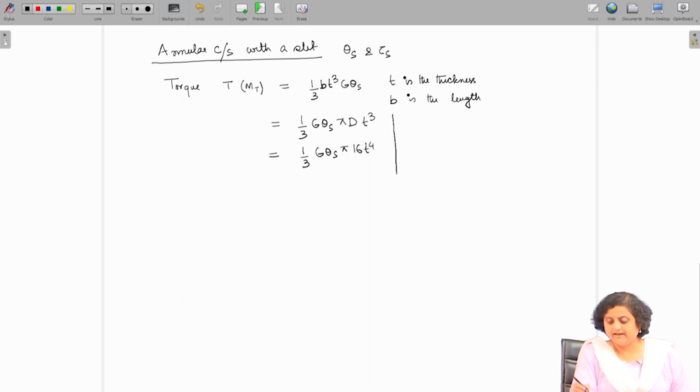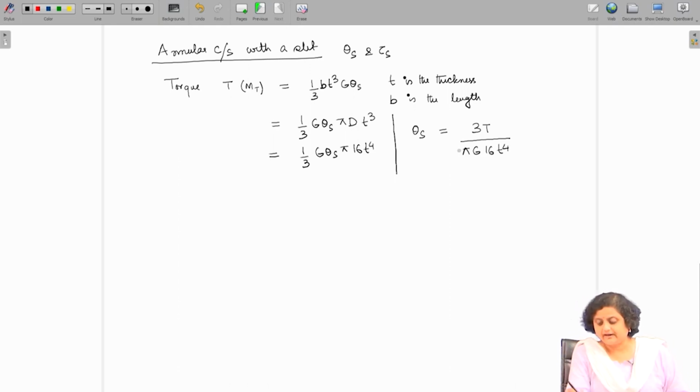From this we get theta S as 3T by pi G into 16 t to the power 4.